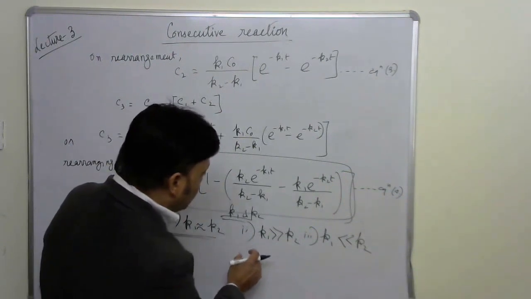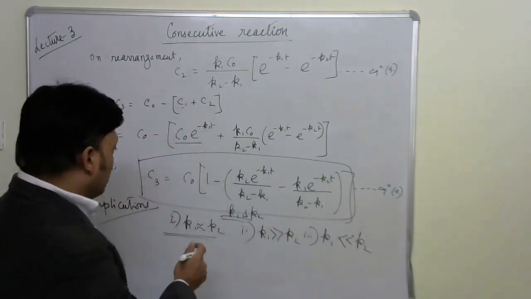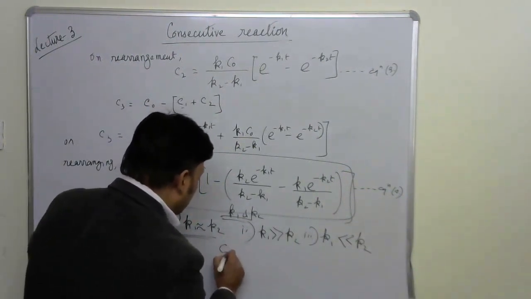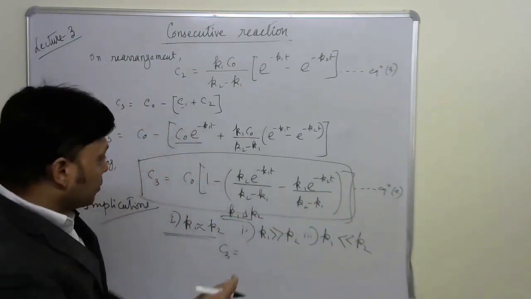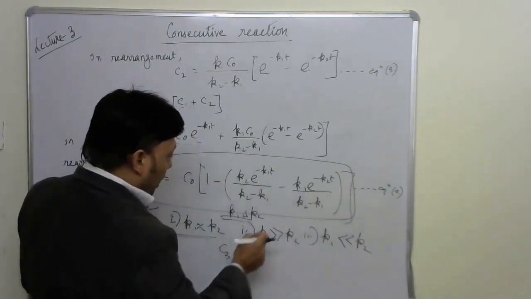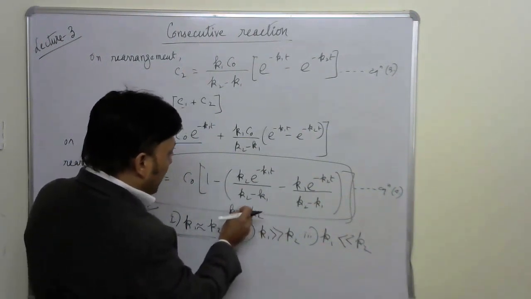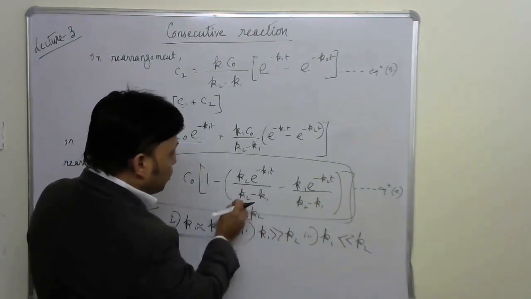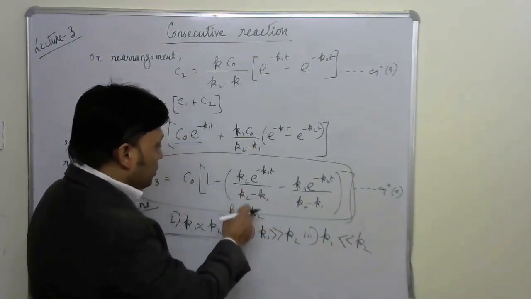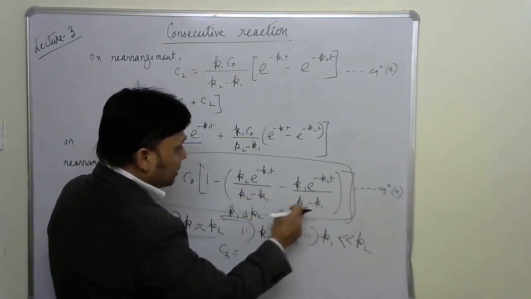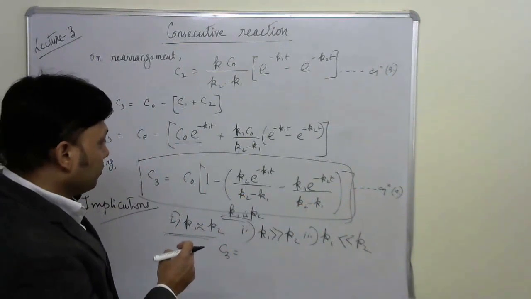Where K1 is much greater than K2, can you represent C3 in a modified manner? Look at equation 4: if K2 is negligibly small, so we can neglect K2 with respect to K1, then in the denominator it would be minus K1 over here and minus K1 over there.